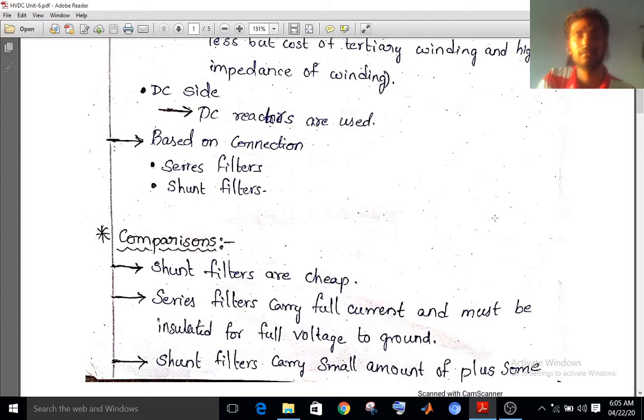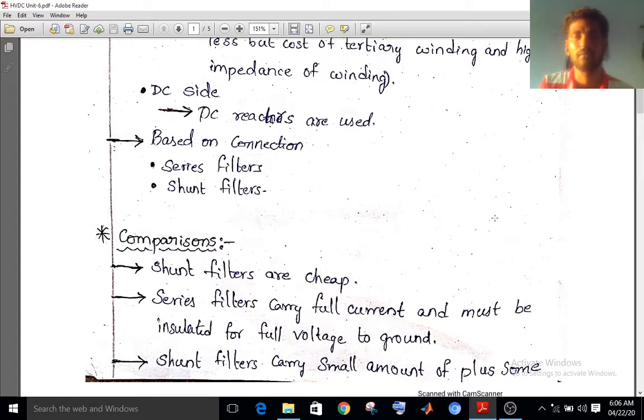Comparison of series and shunt filters. Shunt filters are cheap when compared to series filters. Why? Because series filters will carry full current, so they must be insulated from full voltage to ground.